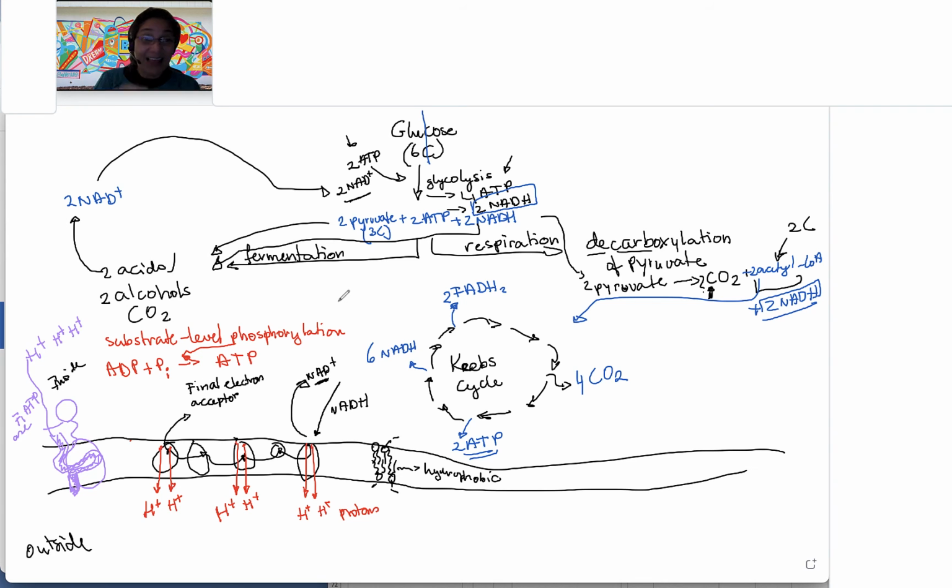That propeller movement is actually conferred onto the stalk here. Let me make the stalk a different color. This starts turning as well, and that movement changes the shape of this part here, what we call the lollipop head, because it looks a little bit like a lollipop.